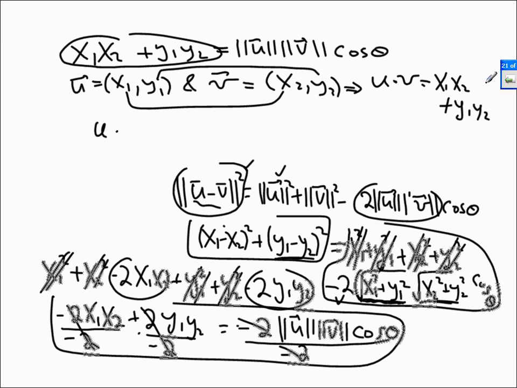That is, u dot v, the left side, is equal to the right side, which is the length of u times the length of v times the cosine of theta.